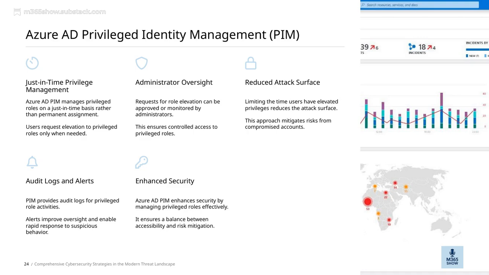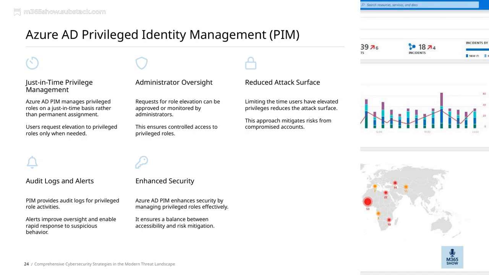Another important point is that limiting the amount of time users have elevated privileges significantly reduces the attack surface. This approach helps mitigate risks, especially if an account gets compromised. When it comes to requesting more access, PIM allows administrators to approve or monitor these requests, ensuring controlled and authorized access to sensitive roles.